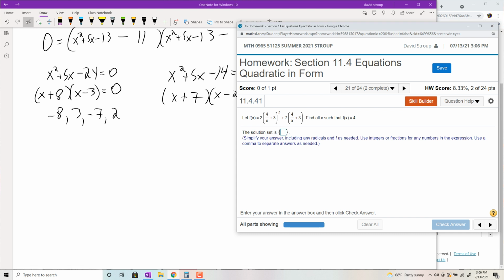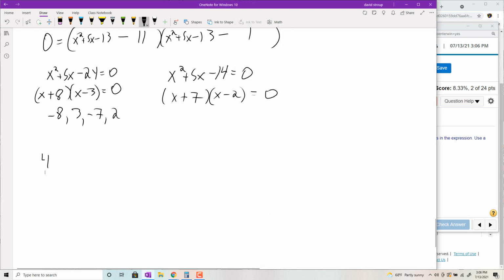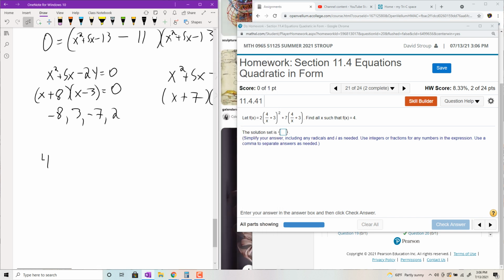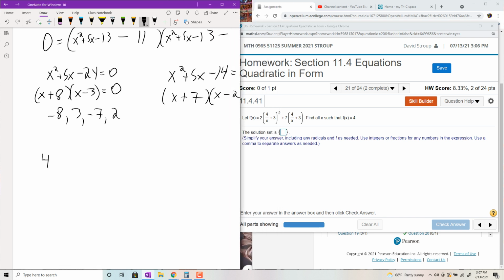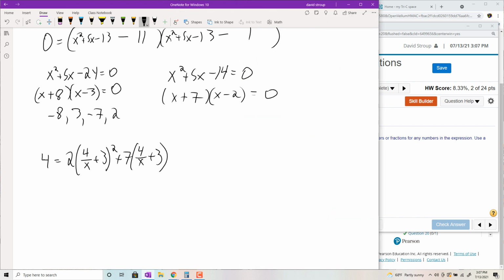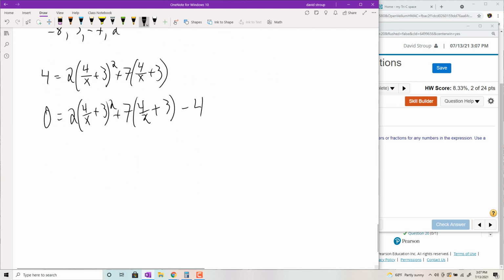Look at this one. Find all such a. Again, you're going to plug 4 in for f of x and then solve that thing. As usual, set it equal to 0 and factor it.